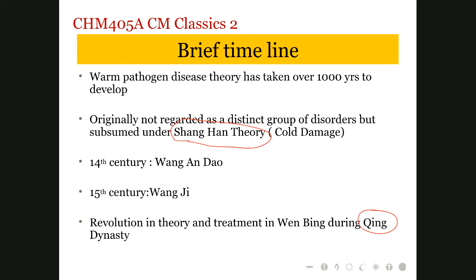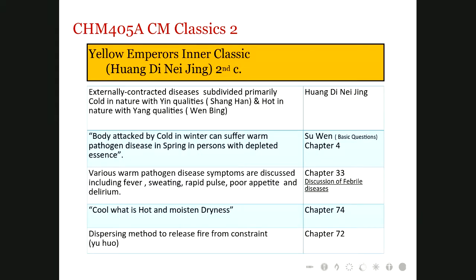But when the epidemics happened in southern China in the Qing dynasty, this kind of illness was much better recognized. New formulas were constructed, a new way of understanding warm illness emerged, and its progressions were very well discussed. This is very good. Basically, this is a flow to tell the development of Wenbing in general.